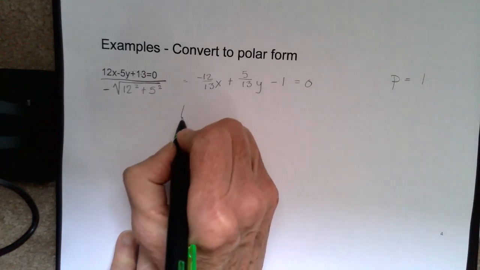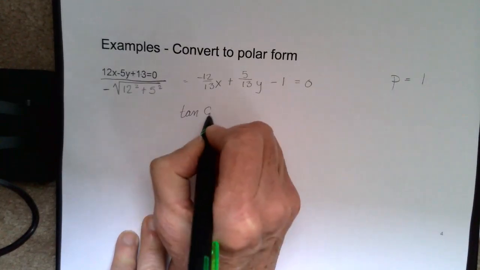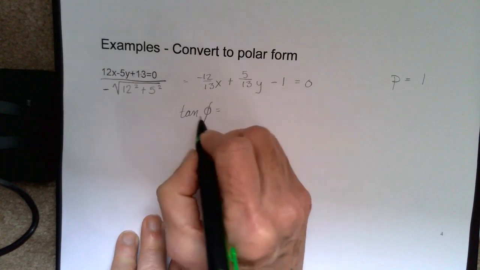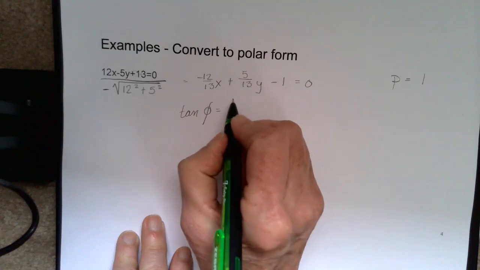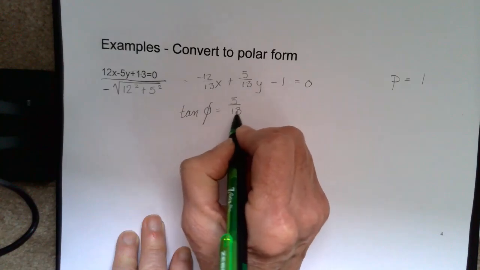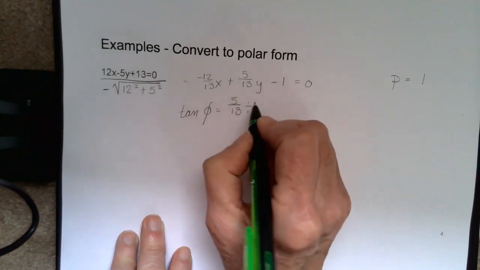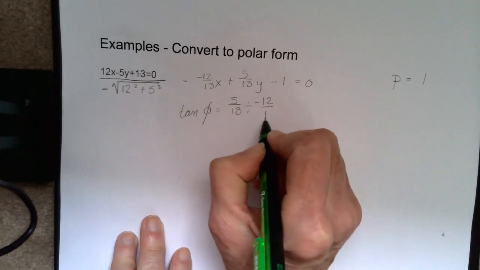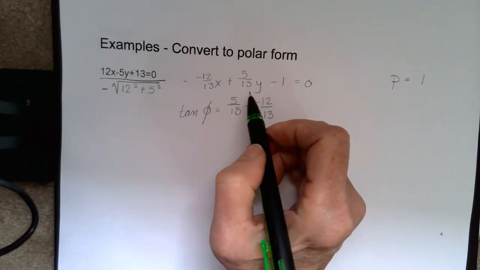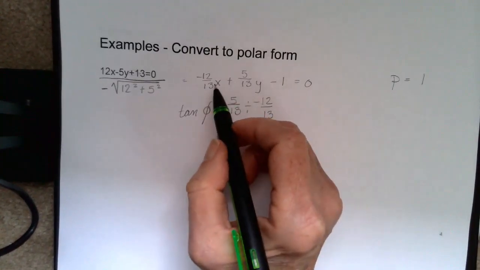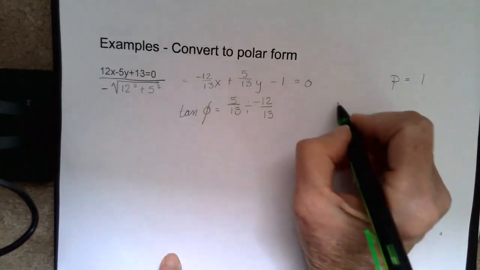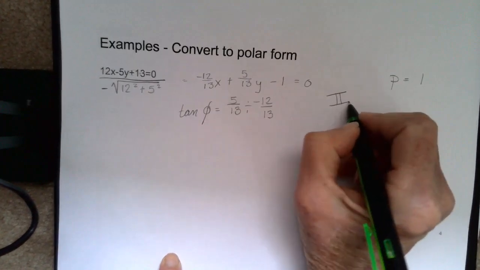Then to find the theta, or find the phi, the tangent of phi is going to equal 5/13, that's your sine, divided by the negative 12/13. Notice that the sine is positive, but the cosine is negative, so it's got to be in the second quadrant.